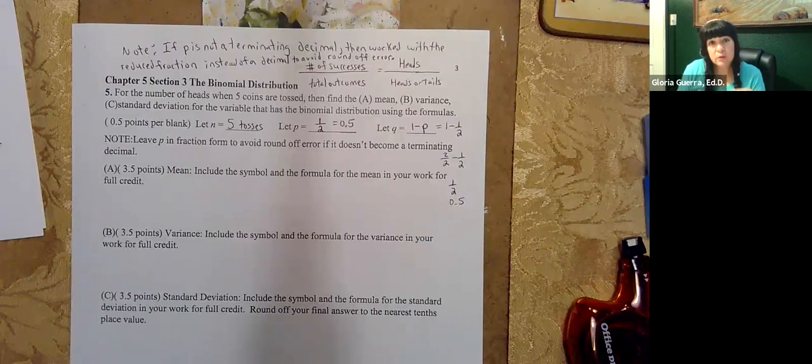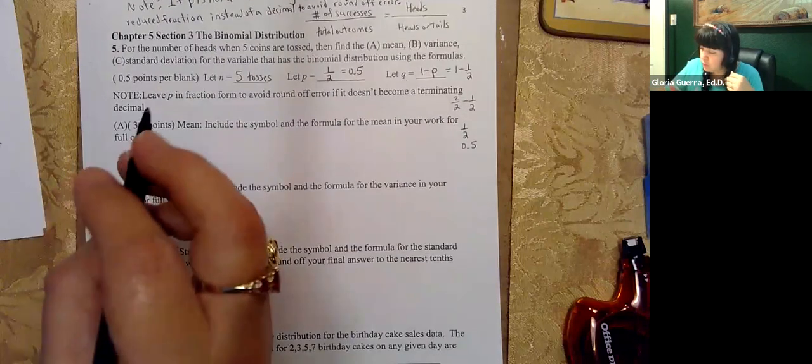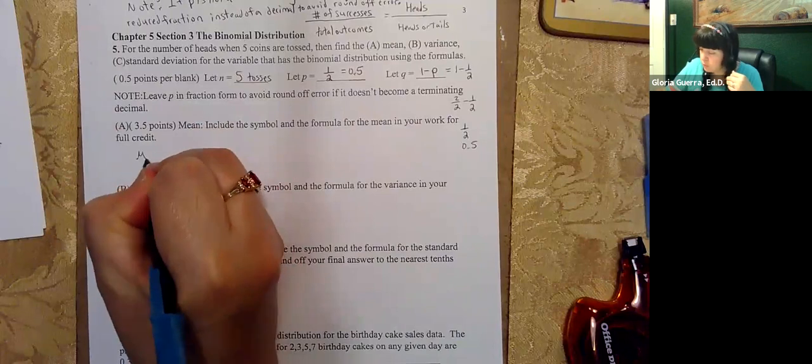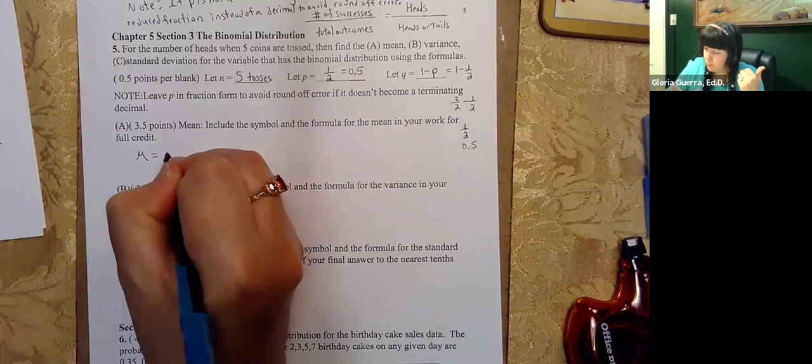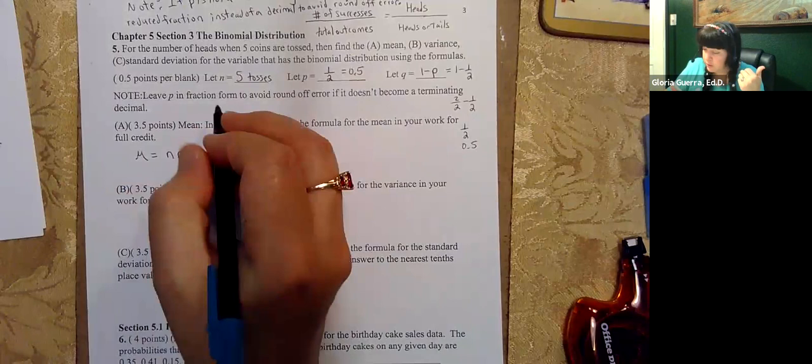Again, the 1/2 is because the coin has two sides, 1 and 2, and one head, so one for success. Okay, then your mean, this is where your formulas come in. Your mean, remember, you're going to use mu like we did earlier, and you have the formula n times p.